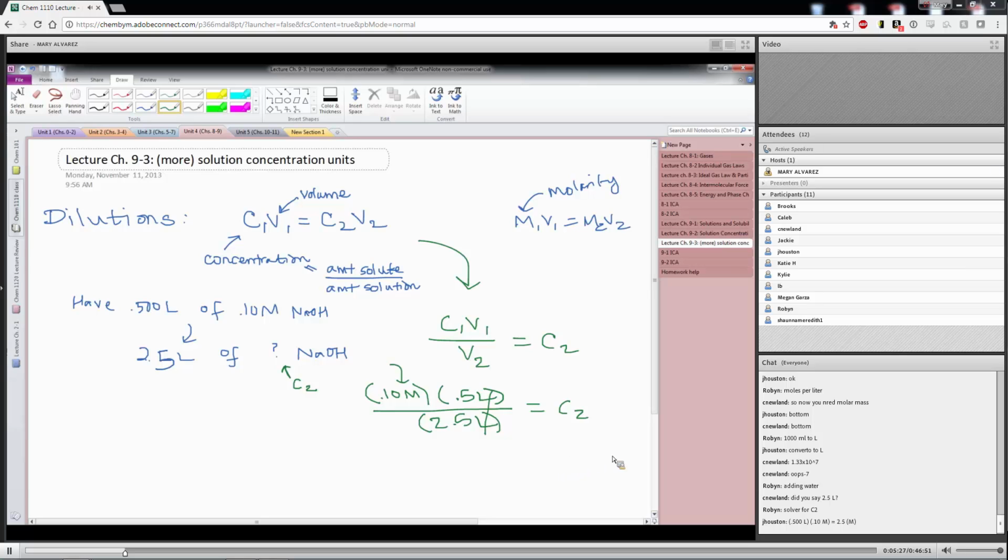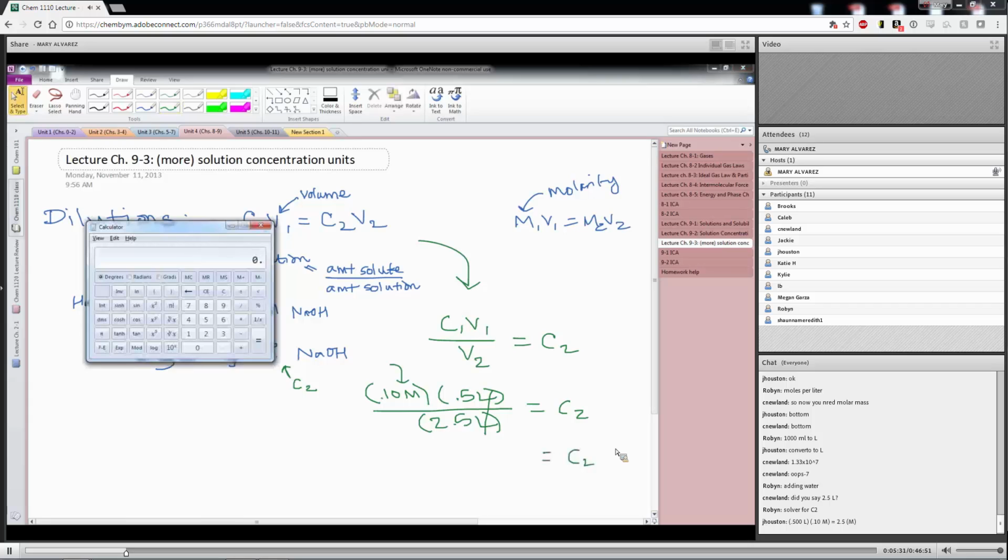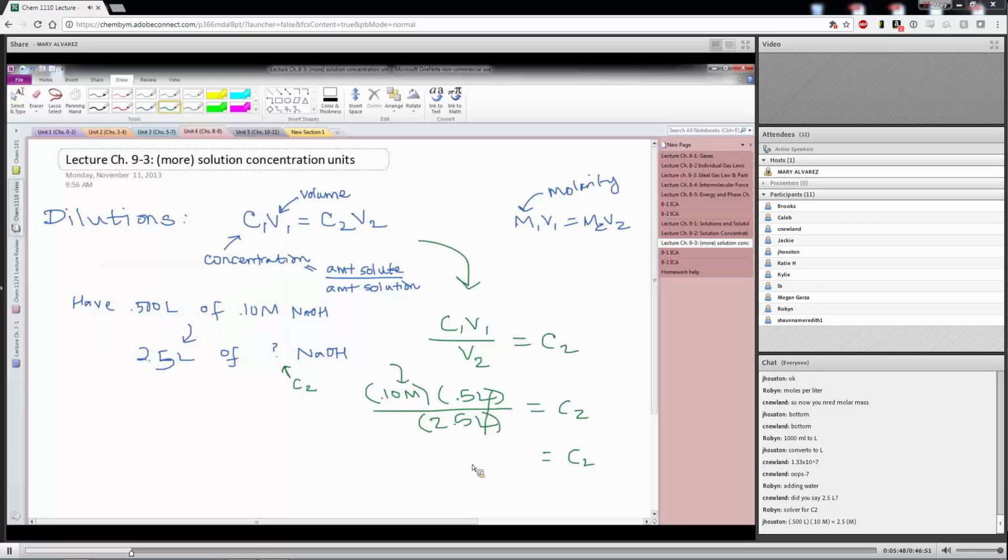So it's really just a plug and chug, a little bit of algebra here. Multiply that by 0.5, divide that by 2.5. We get a value of 0.02 molar sodium hydroxide solution. Everybody feel pretty good about that?